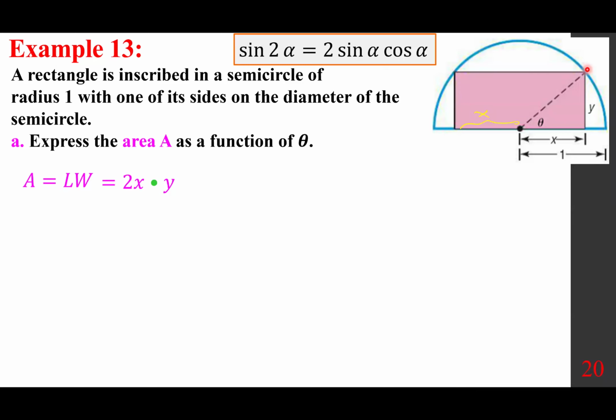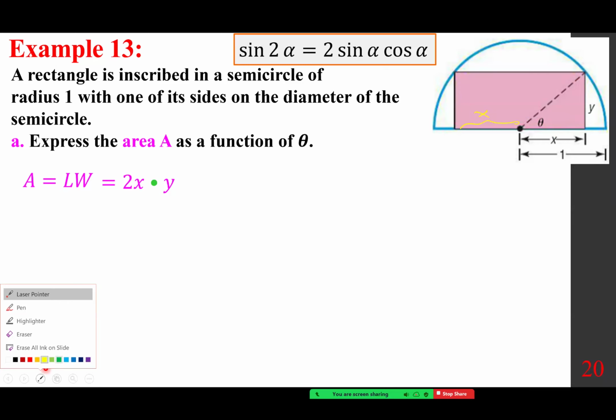So in this triangle, sine of theta is the opposite, y, over the hypotenuse, and the hypotenuse is 1, because this is 1.